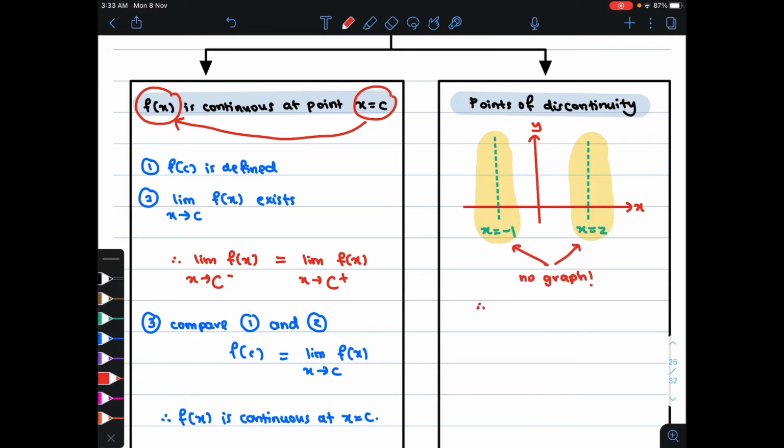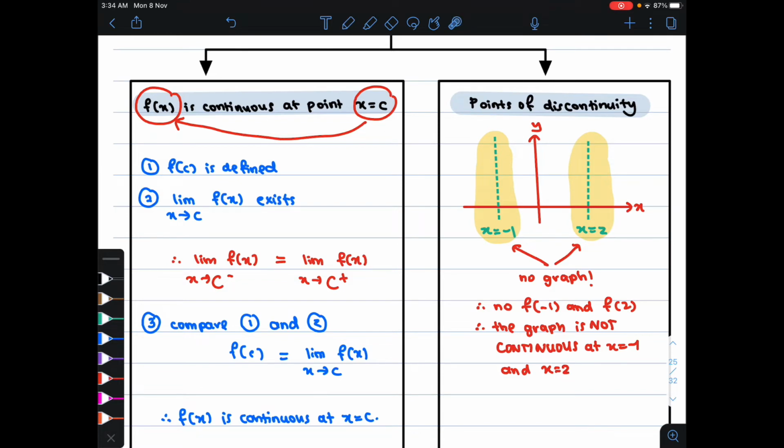And hence, this means that there is no f(-1) and f(2). So, if there is no graph at f(-1) and f(2), hence you can make the conclusion that the graph is not continuous at x equal to -1 and x equal to 2.